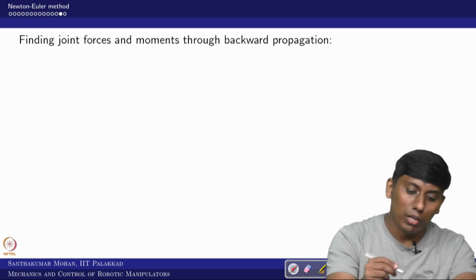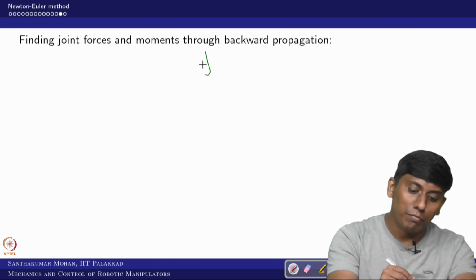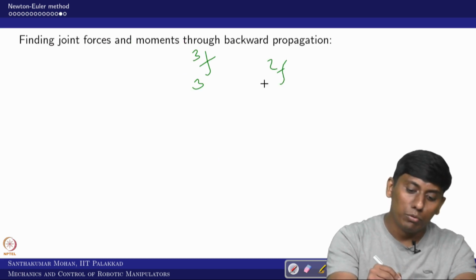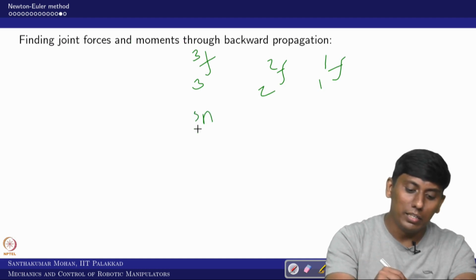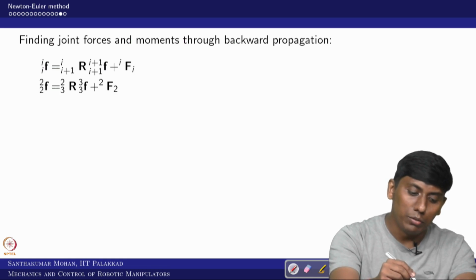Then we can go for the backward propagation, where we start from F3 to 3, then we come back to F2 to 2, F1 to 1, and we stop. Similarly N3, so N1 we will come back via N2. So that is what we are trying to do.